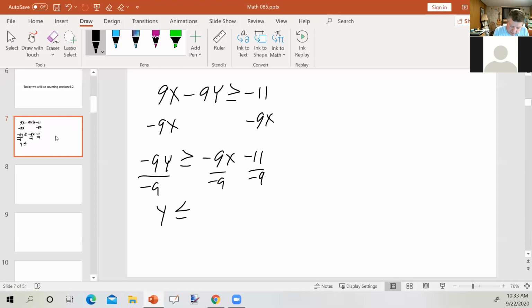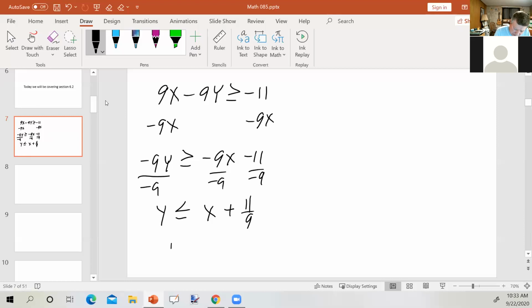Negative 9 divided by negative 9 is 1, so I get 1x. Negative 11 over negative 9 would be a positive 11 ninths. All right, now, this says y is less than or equal to x plus 11 ninths. So we're including the equal to, we're including the solid line y equals x plus 11 ninths.